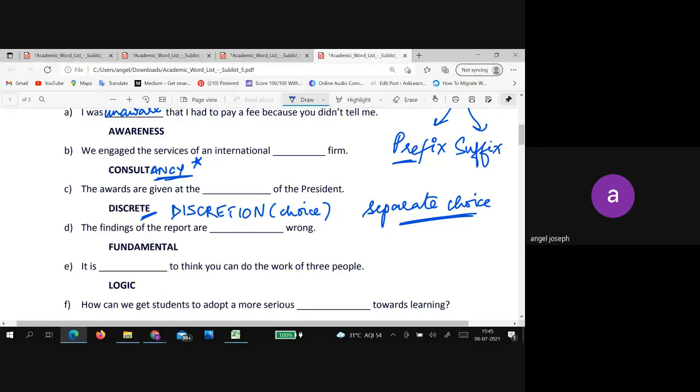The findings of the report are fundamentally wrong. Very good, are fundamentally wrong. This fundamentally, let me ask you, which form is it? Is it an adjective or an adverb? I think I told you the difference. For an adverb, ma'am gave a small hint, ly comes at the end. So what do you think this word is? It's an adverb. Absolutely correct. Right and wrong are basically verbs here, though in some other cases they can be nouns also.